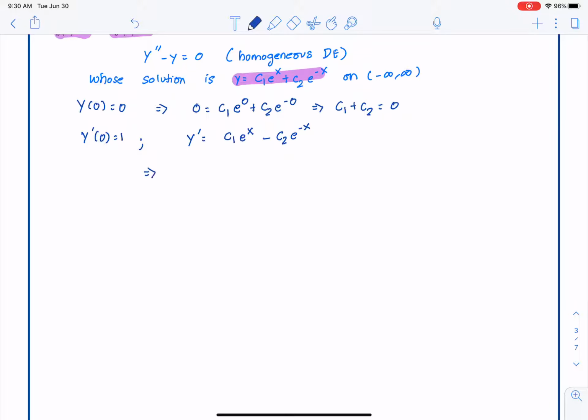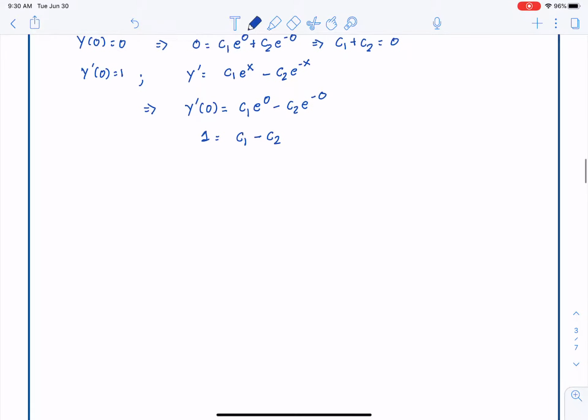Now we plug in the initial condition. y prime of 0 would equal c1 e raised 0 minus c2 e raised negative 0. y prime of 0 is simply 1, so 1 would equal c1 minus c2. So we have an equation here and another equation there.